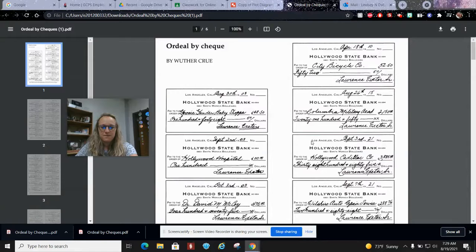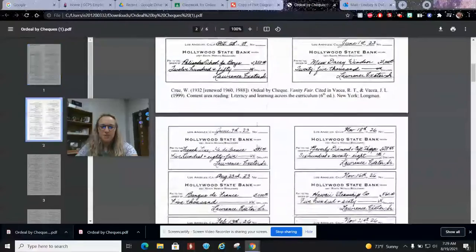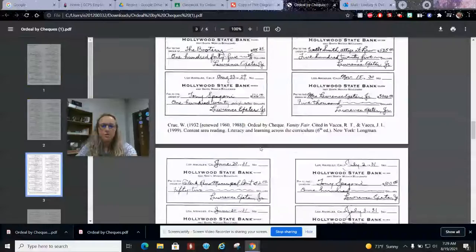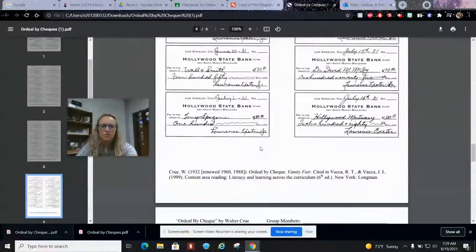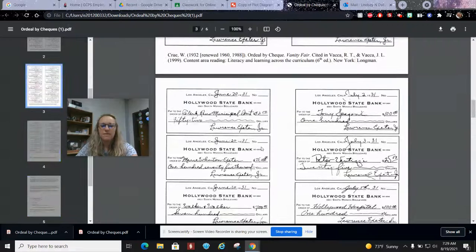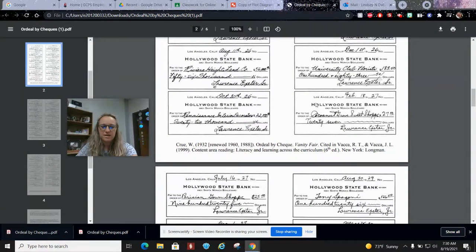So there is this man, Lawrence Exter, and this is supposed to be his checkbook throughout his life. Your job is to read the checks, take notice of them, and annotate what is playing out.